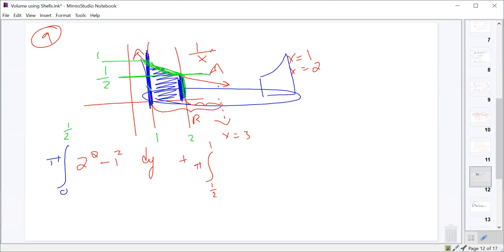Now my outer radius is still 2, but my inner radius is going from here to here, at any arbitrary place along here. What's this distance here? That's x. So it should be the full thing, 3 minus x. Does that make sense to everybody?